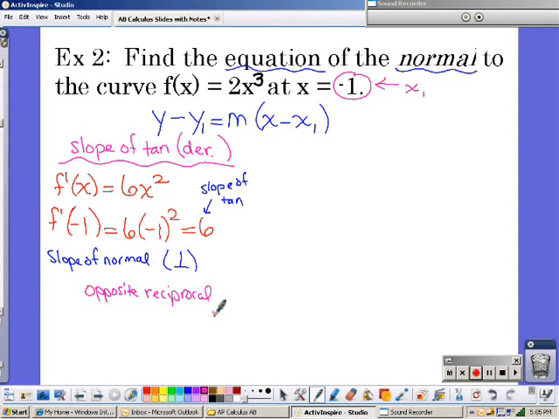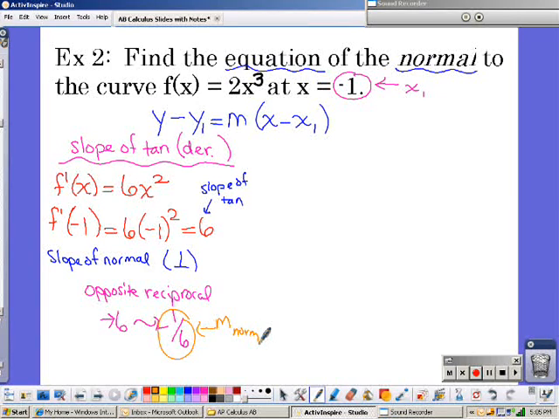So we need to take this 6 and we're going to change it. We're going to invert it, make a reciprocal. There's 1/6, and we need to have the opposite sign, so negative. And it turns out that this -1/6 is the slope of our normal.